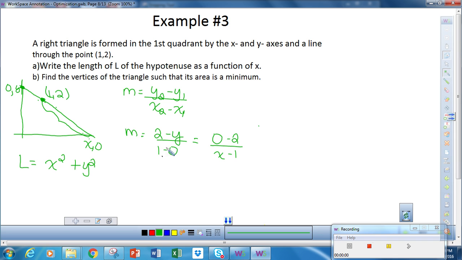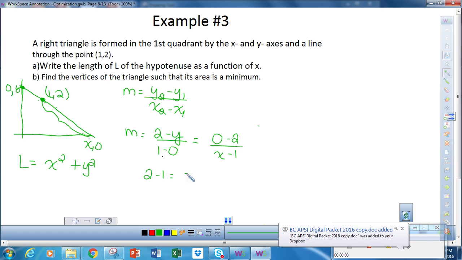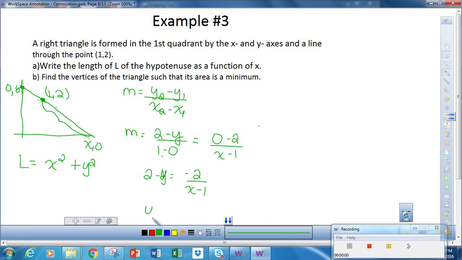And what I want to do is solve for y. So I'm setting these equal to each other and solving for y, and I get 2 minus y is equal to negative 2 over x minus 1. Solving for y, I get y is equal to 2 plus 2 over x minus 1.